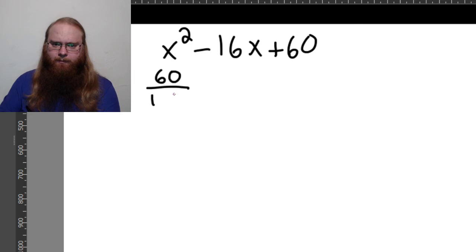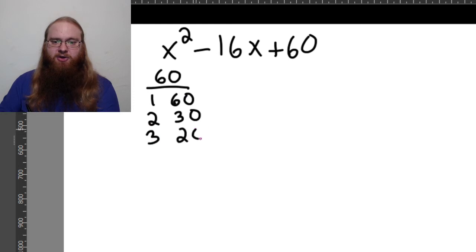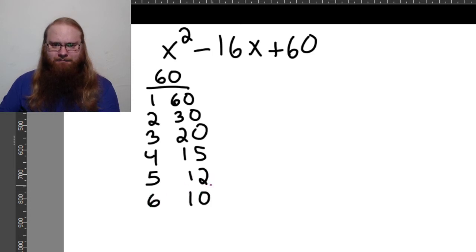We're going to get 1 and 60, 2 and 30, 3 and 20, 4 and 15, there's a lot of them, 5 and 12, and 6 and 10. Again, since that middle number is negative and that last number is positive, all of our factors are going to be negatives.